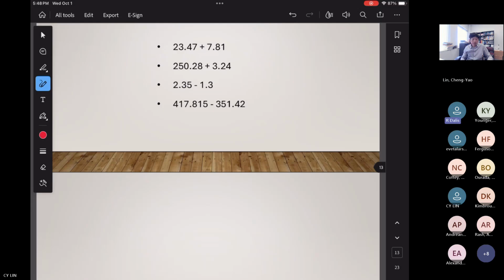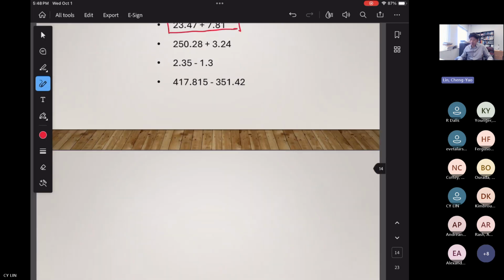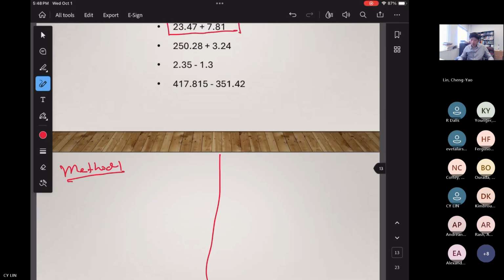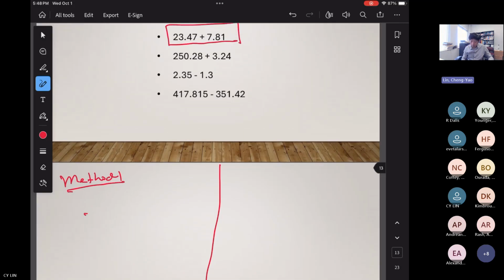Let's say we want to do this problem: 23.47 plus 7.81. Method one is good for everybody. You create a table like this.